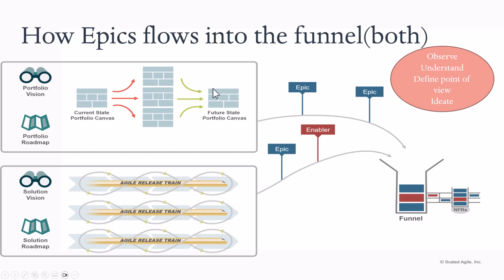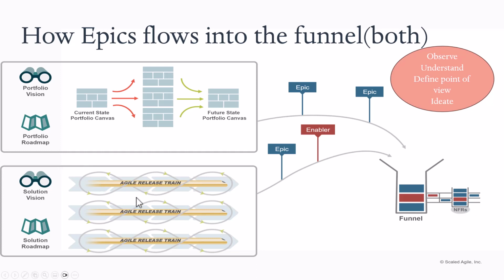This is the how statement: how are we going to design that? When you narrow those ideas, you come up with a future state portfolio canvas. This portfolio canvas is now a well streamlined epic, which has to go through a funnel, be discussed, and in the future maybe go to a portfolio canvas.